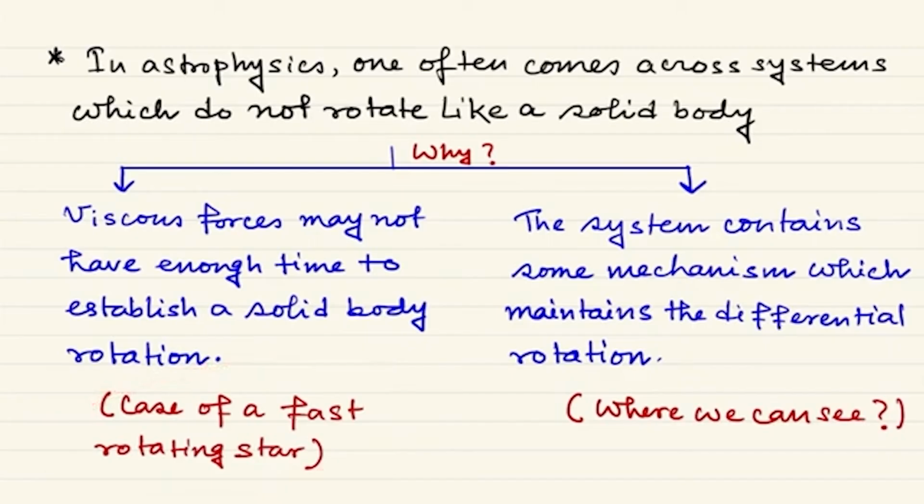That we will not discuss here in detail, but just for your information. Another possibility is that the viscosity has time to develop, but the system contains some sustaining mechanism which maintains the differential rotation. Now the question is where can we see this type of thing?